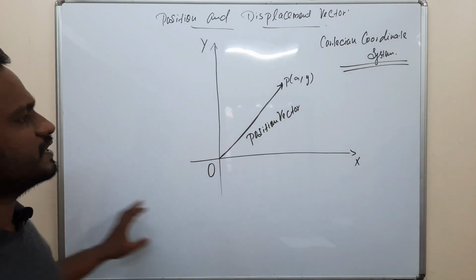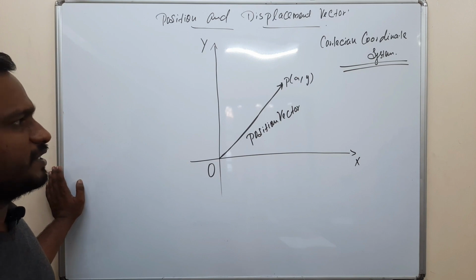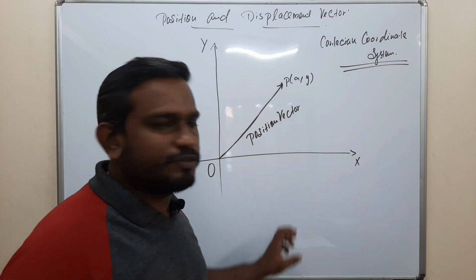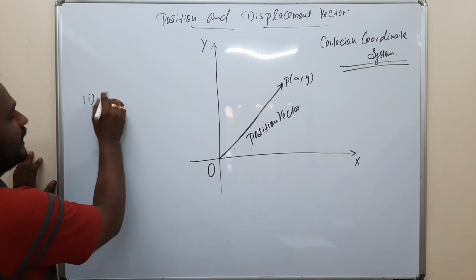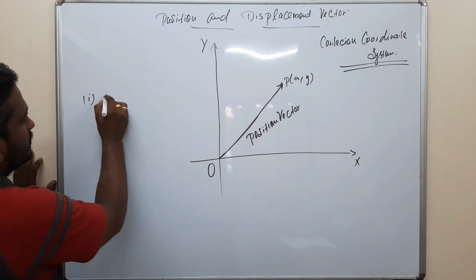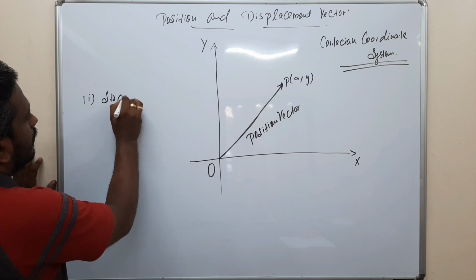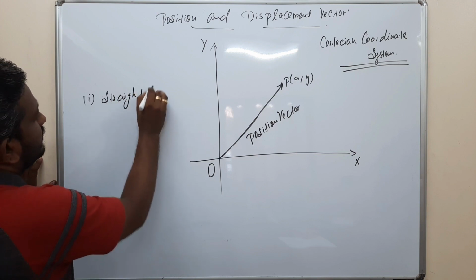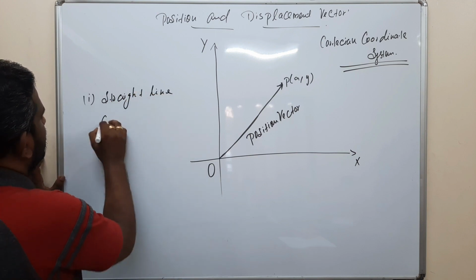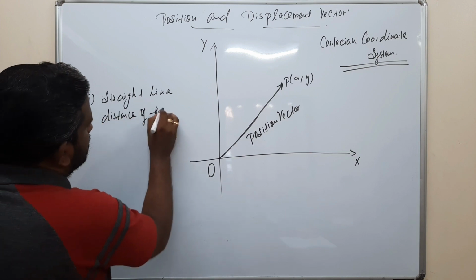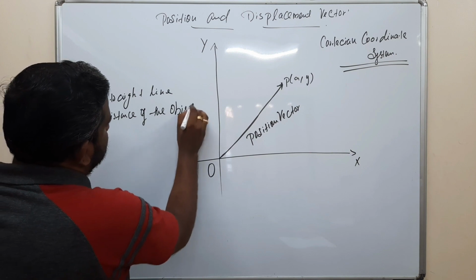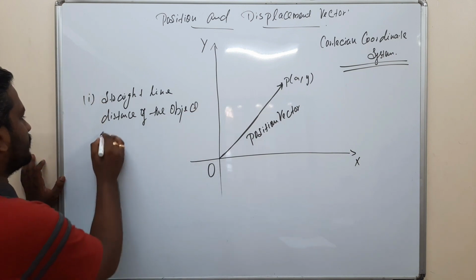The position vector gives two pieces of information regarding the position of the object. One, it gives the straight line distance of the object from the origin.